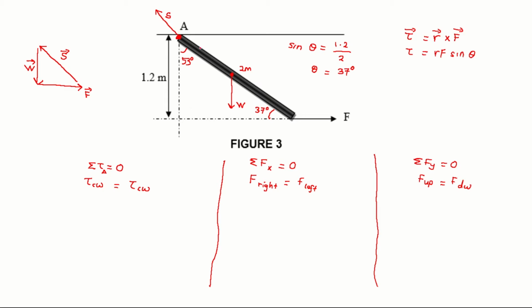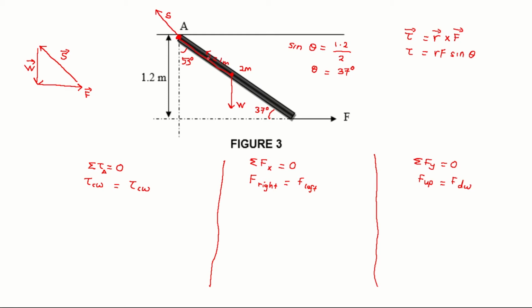For weight, another force, R is from the axis of rotation to the applied force. Let's say here is R1. R1 is the midpoint of the plane, so R1 equals 1 meter.